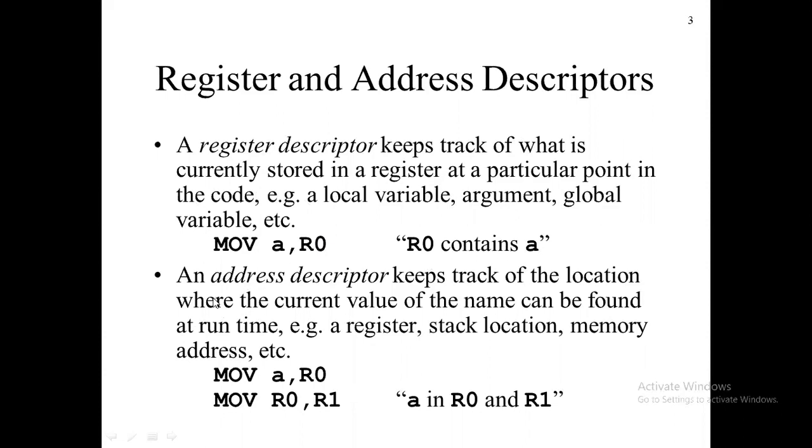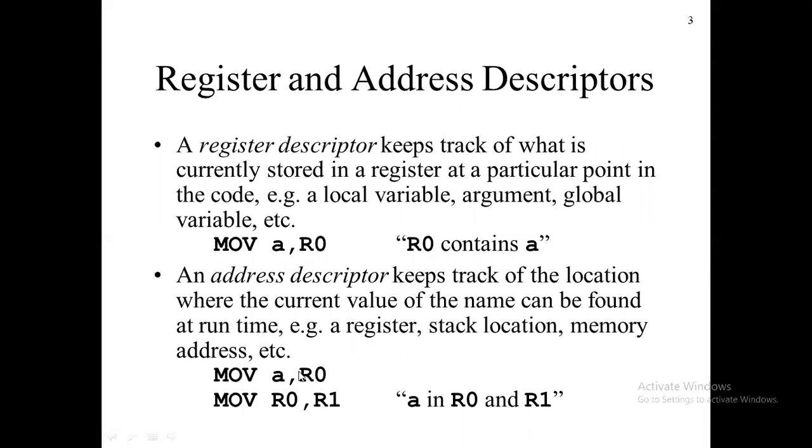Next you have the address descriptor. It keeps track of the location where the current value of the name can be found at runtime. For example, the locations can be registers, stack allocation, or memory addresses. Suppose you want to update the address descriptor, you have to move the value into the registers. See here, move a comma r naught.